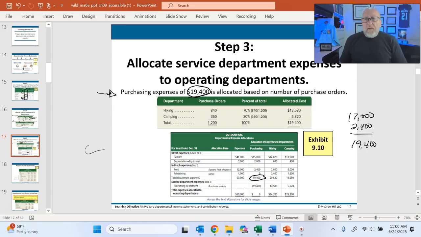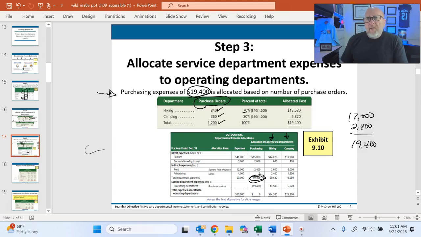So now what I'm going to do is say, how do I allocate the 19,400 in purchasing costs to the hiking division and the camping division? The way that we're going to allocate it to these two divisions is by using the number of purchase orders. So 840 orders were done for hiking and 360 were done for camping, for a total of 1,200.